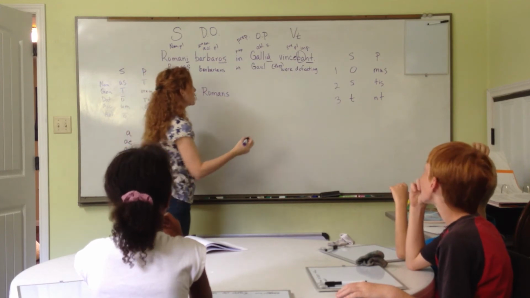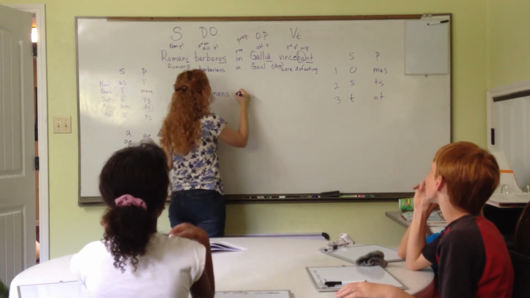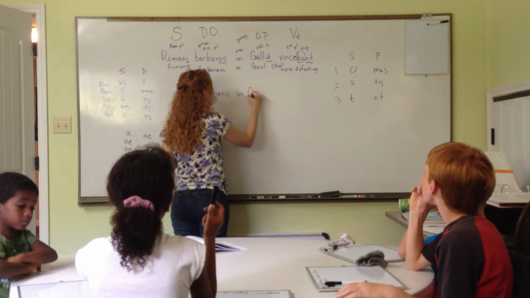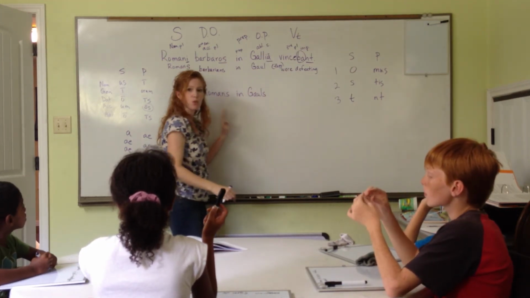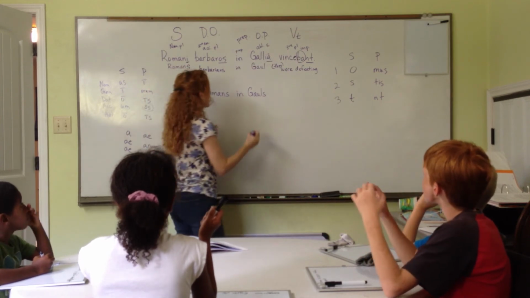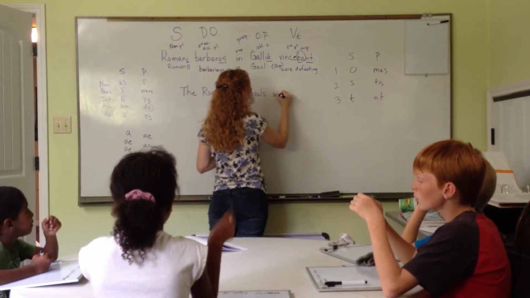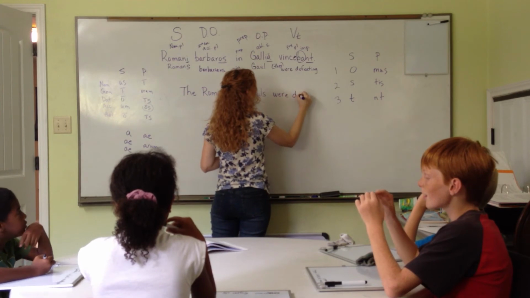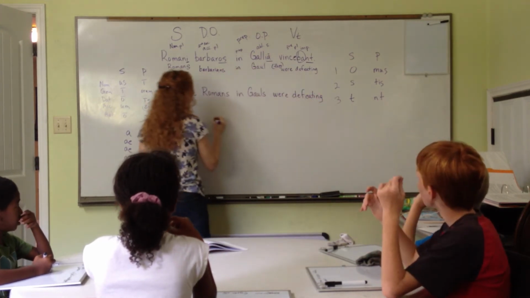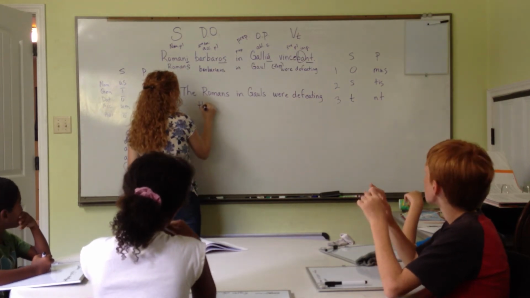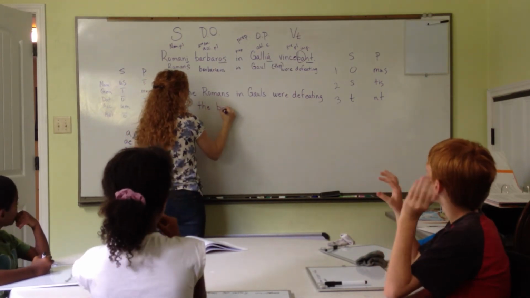Okay, we could say that. I thought we could say the Romans in Gaul. We don't have to use they because we have our subject. So we can say the Romans in Gaul were defeating barbarians. We're defeating what? Barbarians. And we can even put in another article: the barbarians.